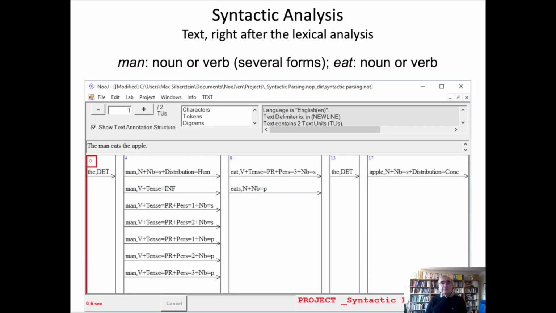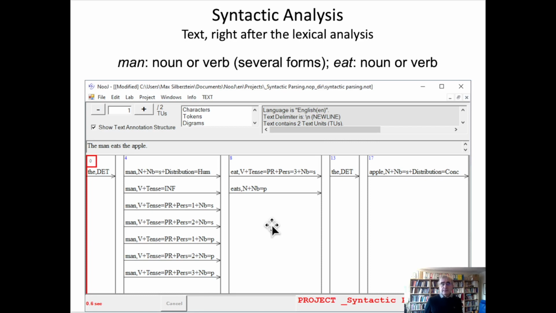So let's say we have a sentence such as, "The man eats the apple." After a pure lexical analysis, a pure lookup of a dictionary and the corresponding morphology, we have "the", which is a determiner, "man", which is ambiguous, it's either a noun or the verb to man: infinitive, first person or second person singular, first person, second person plural, third person plural.